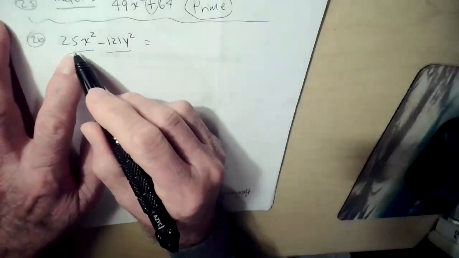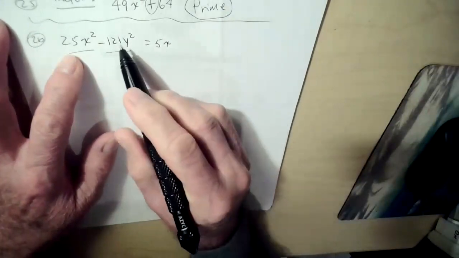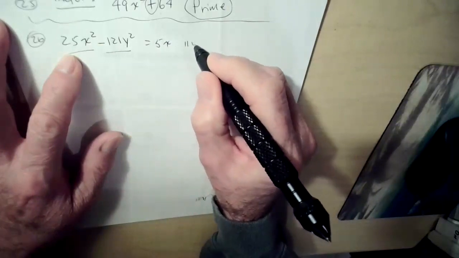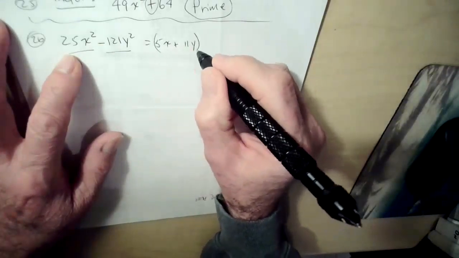So this equals, okay, so what's the square root of all this? Is 5x. And the square root of this one is 11y.